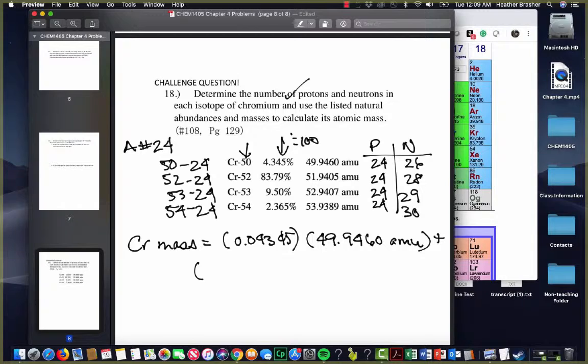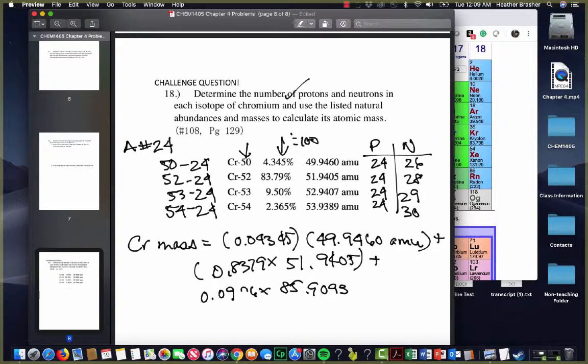So the next one is 0.8379 times 51.9405. The next one is 0.0986 times 85.9093.